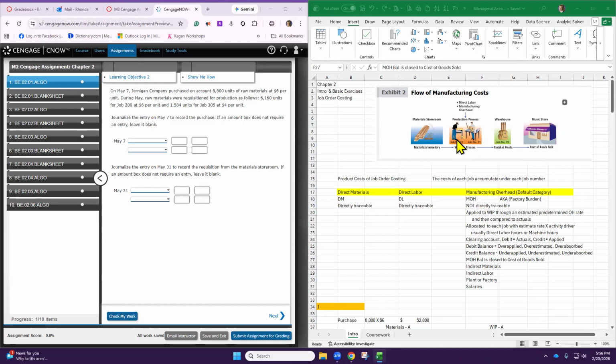Now, one job can be caught back in production while another one moves on, but they're still going to maintain the same job number from being assigned in work in process. So remember, work in process has direct labor, manufacturing overhead with these materials, and all three of those come in. Remember, these are assets right here. The music store is the cost of goods sold, so that's the retail store.